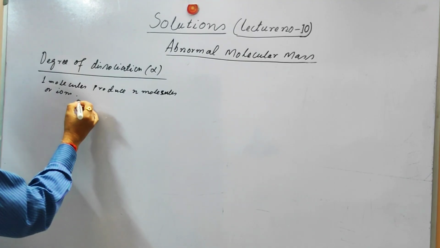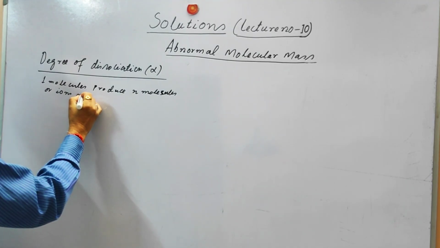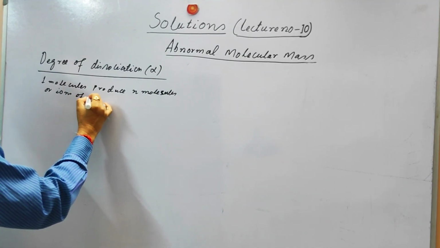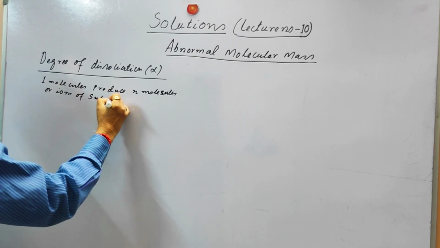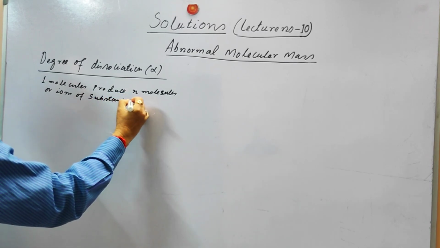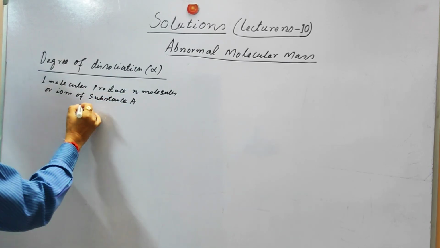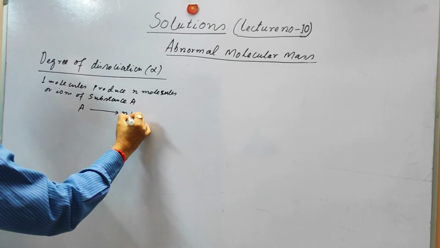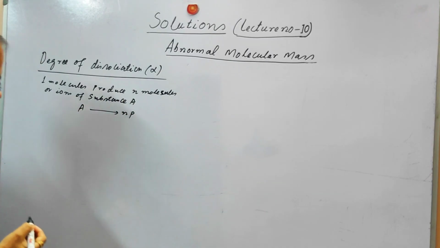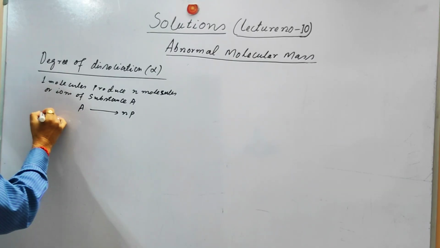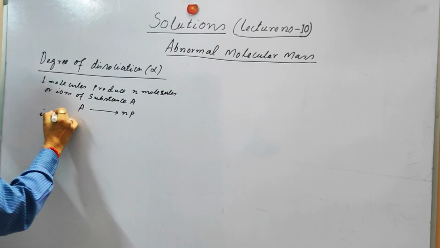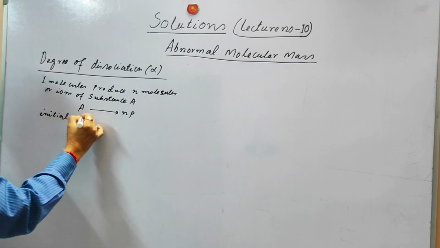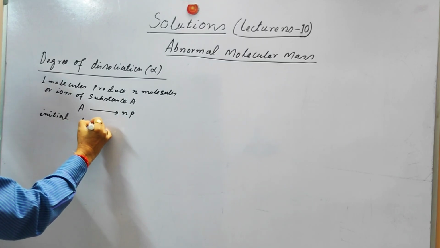This reaction is, suppose, of the substance A. This is the substance A, so this will be A giving n times P. Initially, 1 mole of substance we have taken.